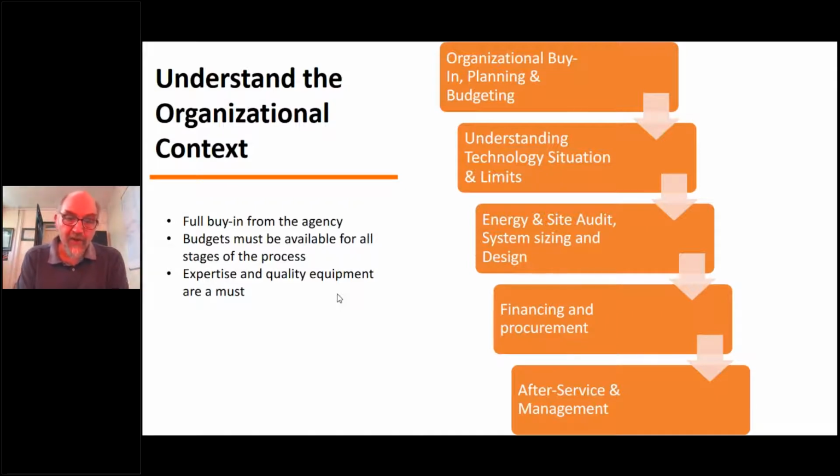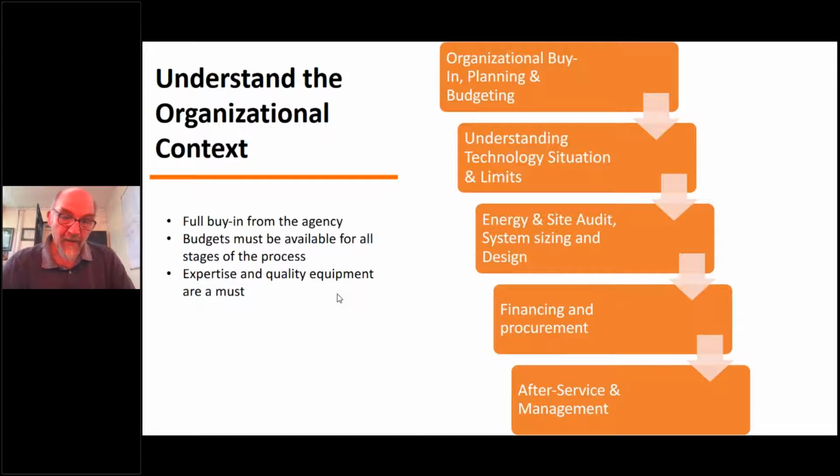Then we need financing and procurement. So the financing needs to be made available, and more and more companies are able to finance systems, but the procurement methodology needs to be doable, meaning the procurement methodology has to fit the solar equipment.